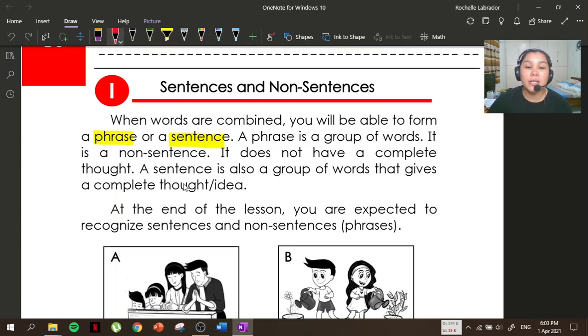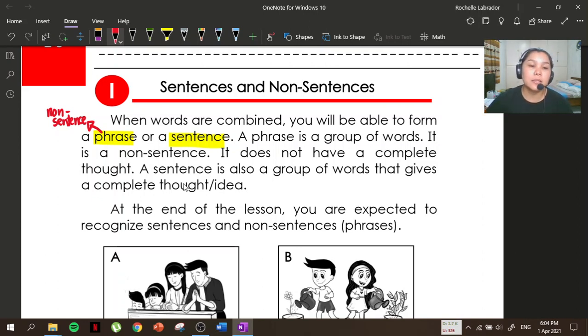So it is a non-sentence. Therefore, when you see the word phrase, this can be considered as non-sentence. When we say non-sentence, not a sentence, it does not have a complete thought. When we say complete thought, it doesn't tell a complete story.